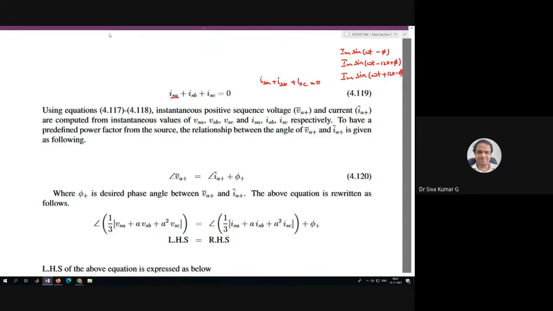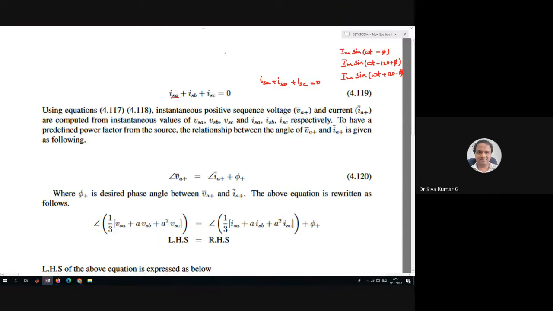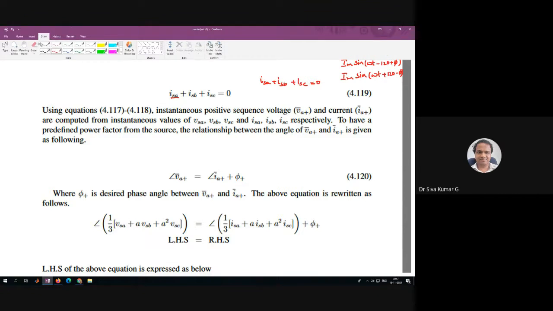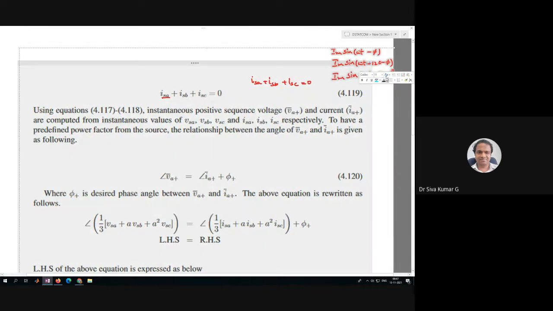Here it should be 120 minus phi. These are the requirements.